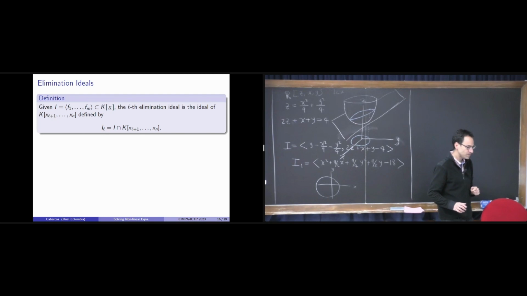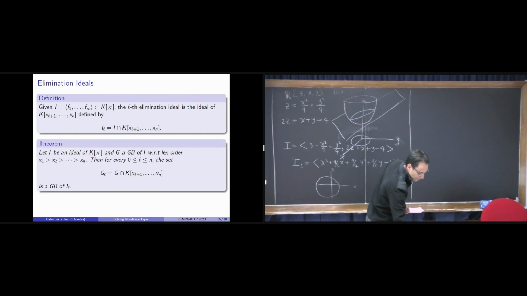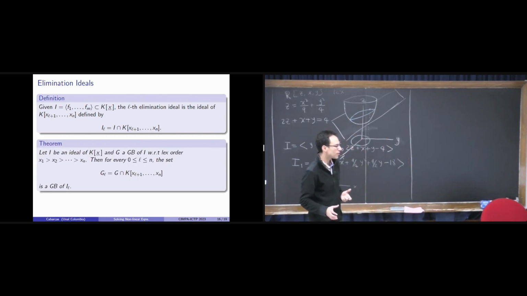So now, how do we compute the elimination ideal? And the answer is using a Groebner basis in Lex order. So let I be an ideal in the polynomial ring, and let G be a Groebner basis of I with respect to Lex order. And let's suppose the variables are ordered x1, x2, x3 up to xn.